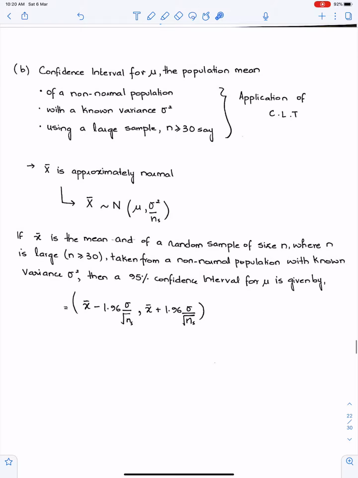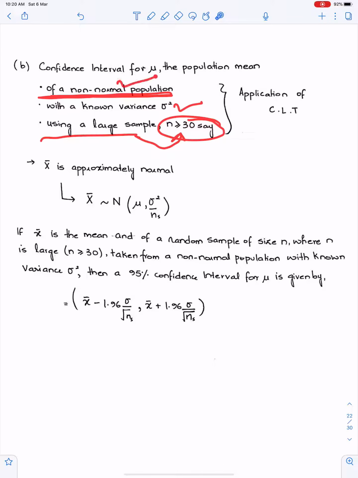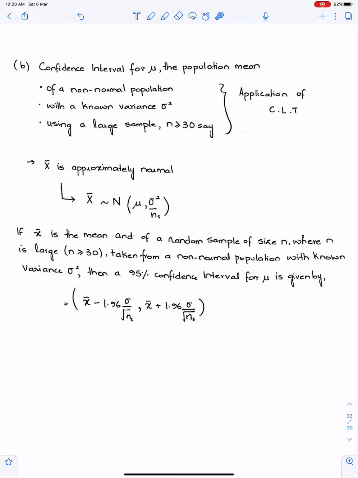Now, this is very important. We have done CLT before, for when the population is non-normal. When the population is non-normal and sigma squared is known, this is for large samples. The sample size must be large, and this is in the S2 syllabus. When the population is non-normal, they will always give you a large sample, of size 30 or more.